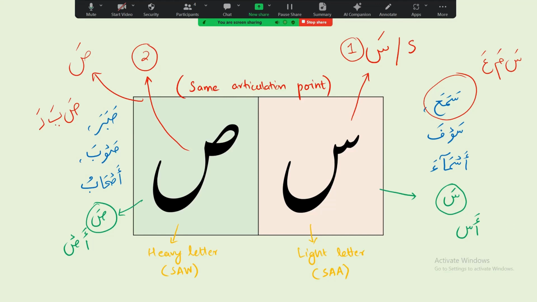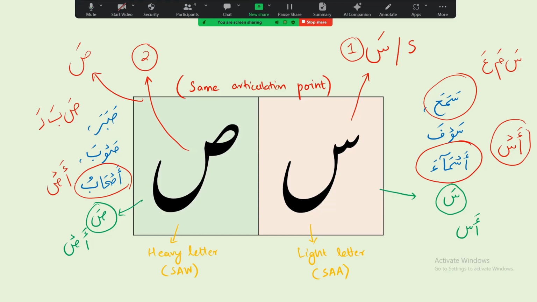The second one is so, so, ba, ra. Like this. Let's take another example. At the start, we hear this sound like asma'a, like as. For the second one, we have an example like this.